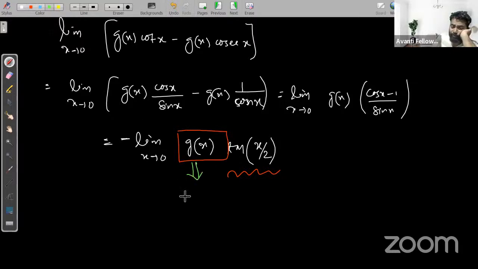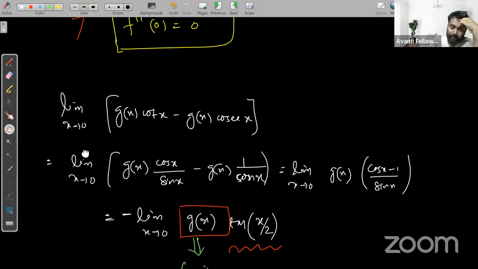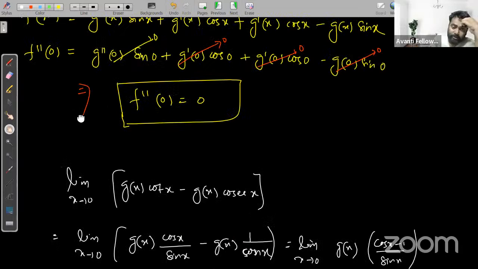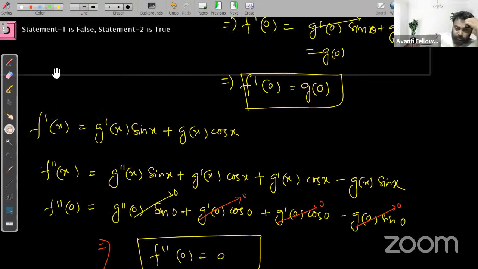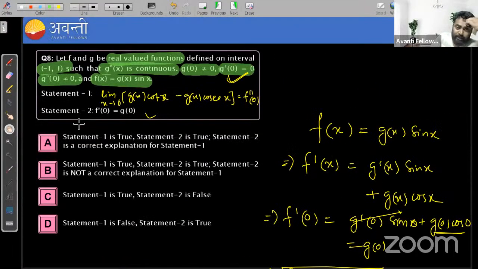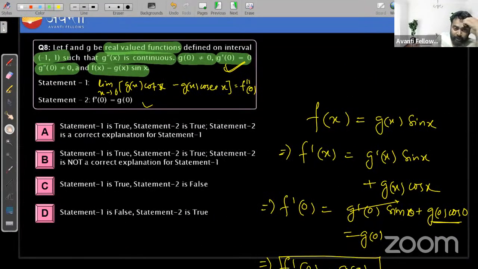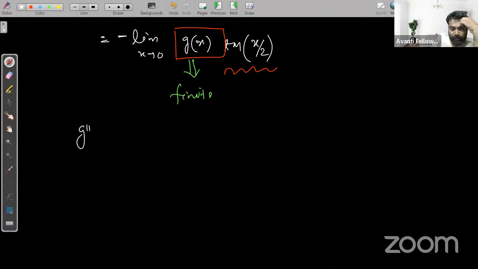If we prove that g of x is finite, then statement 1 will be true. So in the given question, it is given that g double dash of x is continuous.